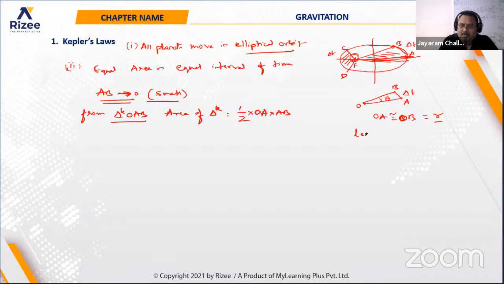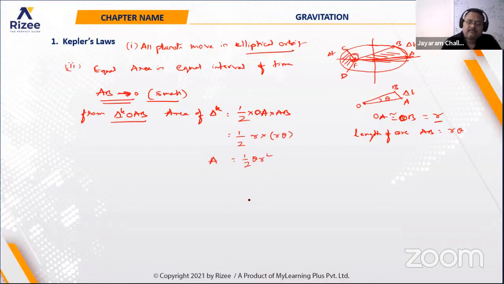From the formula for the length of an arc, AB equals radius into theta. When I substitute all these values, half into OA, that is R, into AB, which is R theta, gives half theta R squared. This is your area.